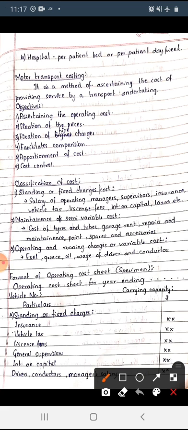Apportionment of cost: to apportion the cost of transport among different departments availing of the transport service. Next one is cost control: to keep control over the cost of petrol, lubricants, etc. Okay, these are the main objectives of motor transport costing.